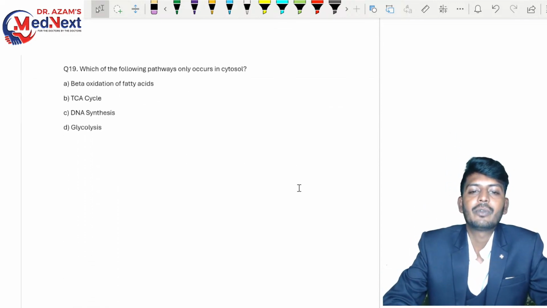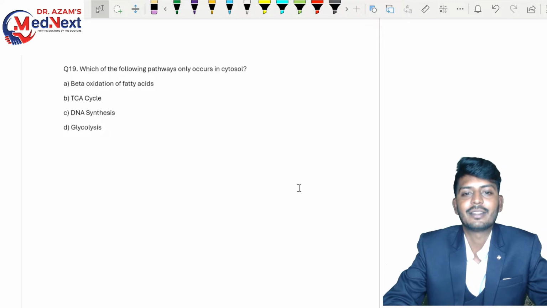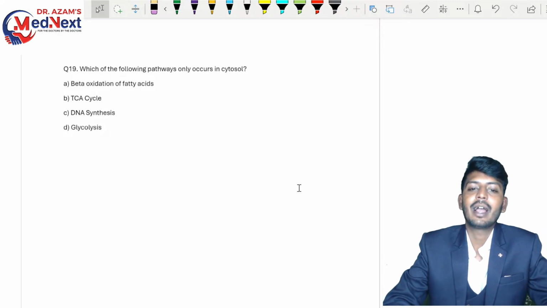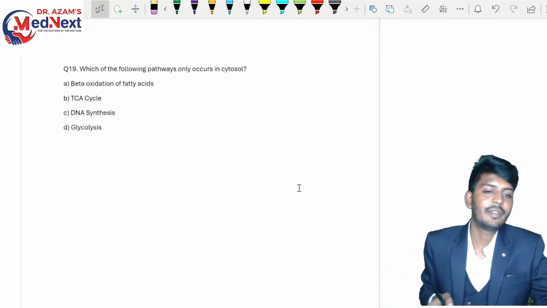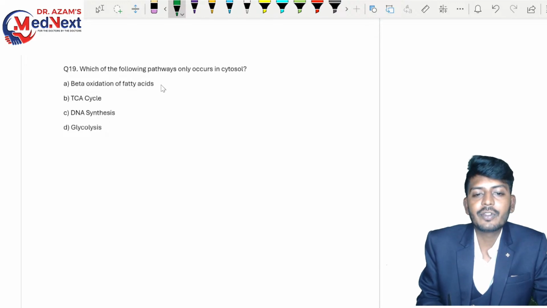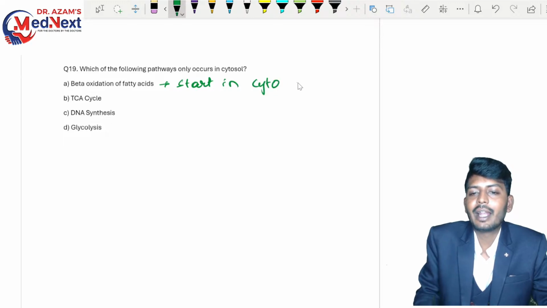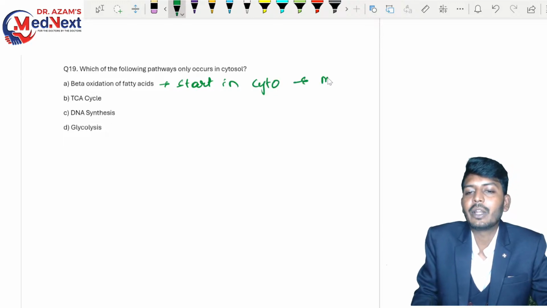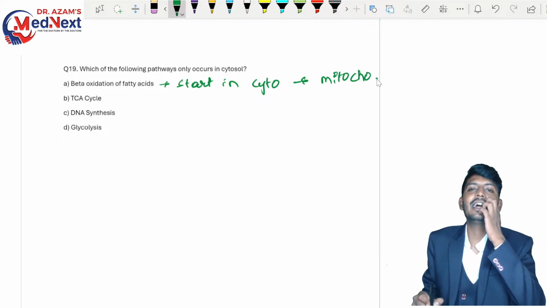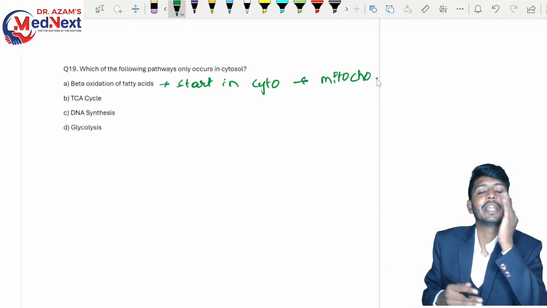Which of the following pathways occurs only in the cytoplasm? Beta oxidation. What happens in beta oxidation? It starts in the cytoplasm and ends in the mitochondria.